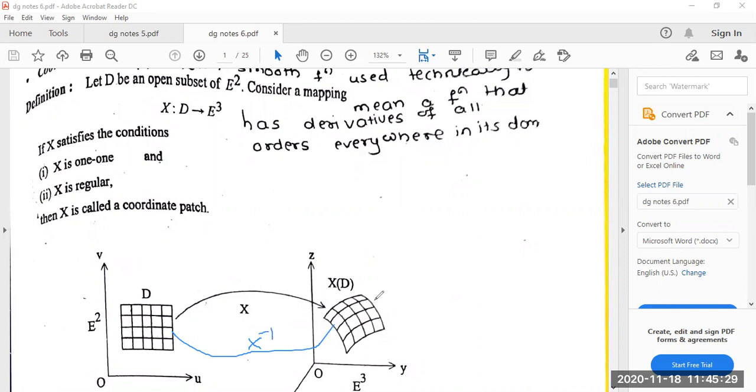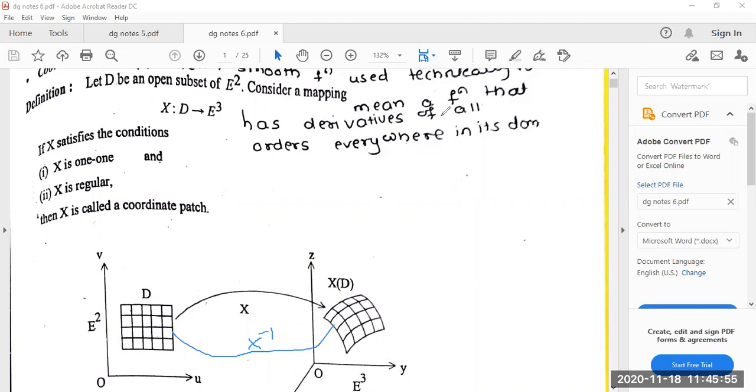So x inverse will be a mapping from x of D to D, correct? Because we don't need the whole E3 space to study the inverse mapping. Since x is a mapping from D to E3, what will be x of D? The range is always a subset of the codomain. So hence we can define a mapping x inverse from x of D to D.